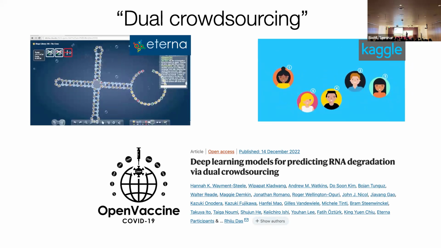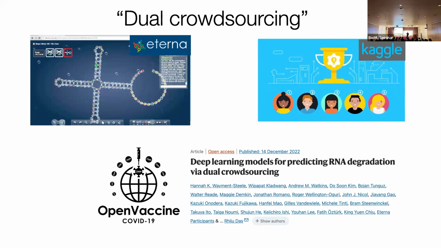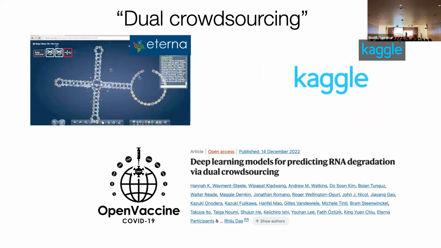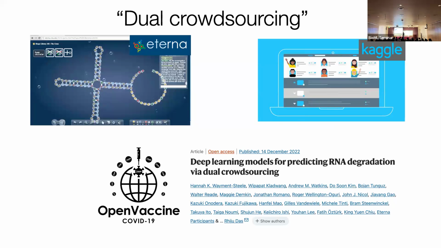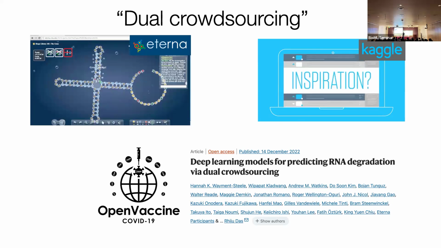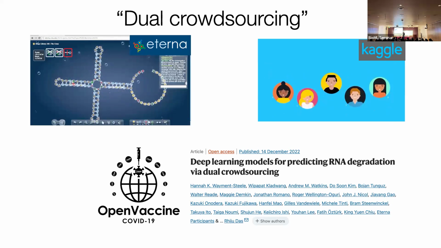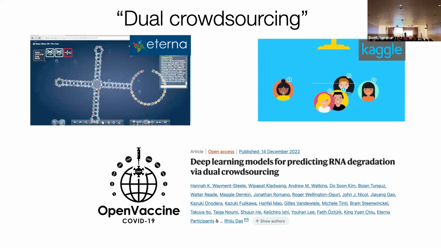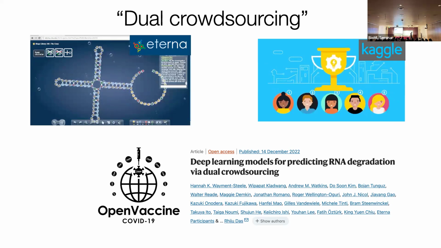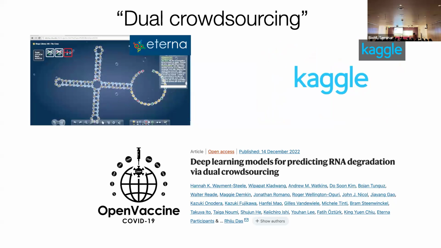And we had come up with really cool models that actually form the basis of companies and things. We got even better models for mRNA degradation through this open vaccine initiative and through a Kaggle competition whose training and test data came from the Eterna platform. Okay, so that was the precedent, this dual crowdsourcing approach that we then brought to bear again last year.